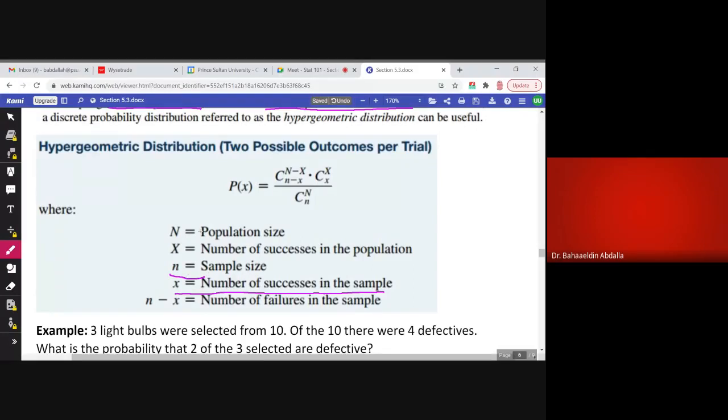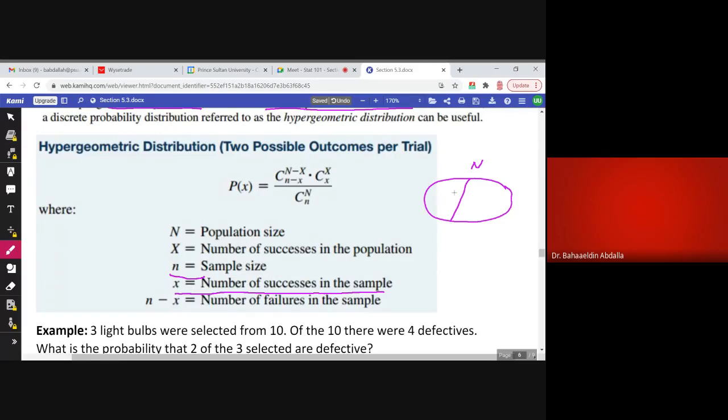So we have a population of certain size, capital N. And in this population, we have two groups, okay? Let us say the group or the event of success that we are talking about in the question.